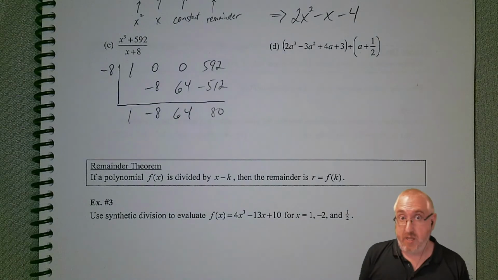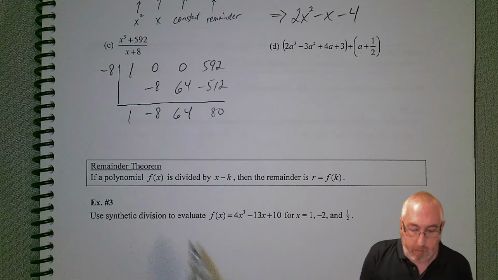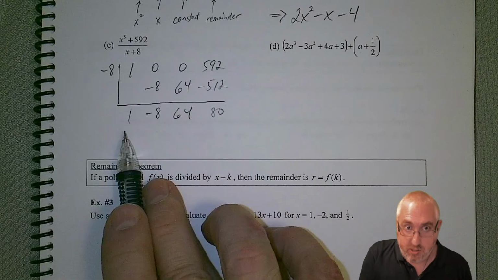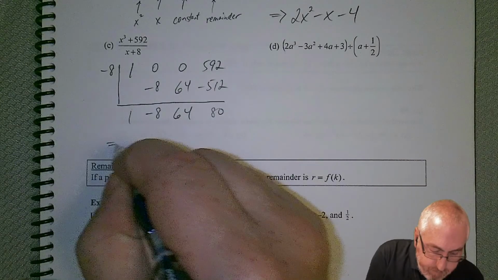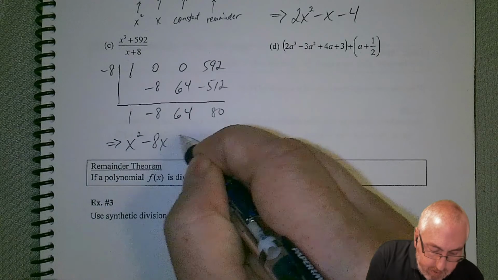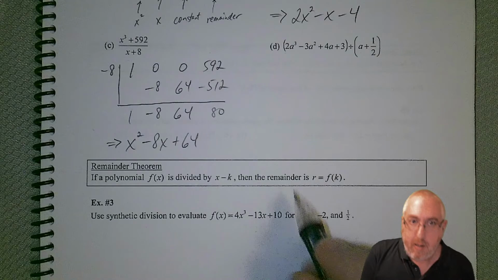So, in this case, we do get a remainder. So we just got to make sure we write our final answer correctly. Now, so again, that's our remainder, constant, x squared. So x squared minus 8x plus 64, and then how do we write our remainder?